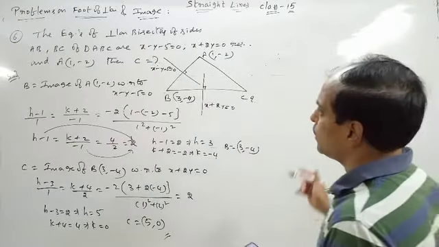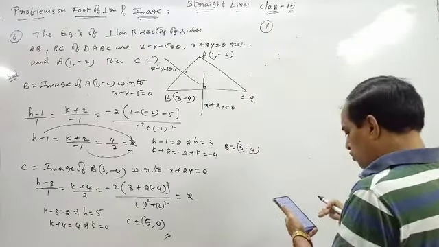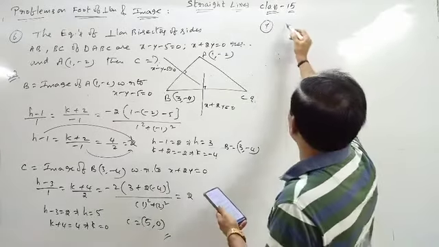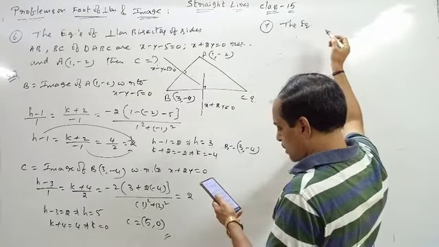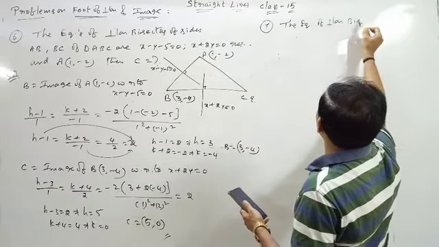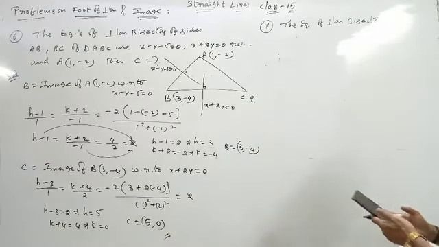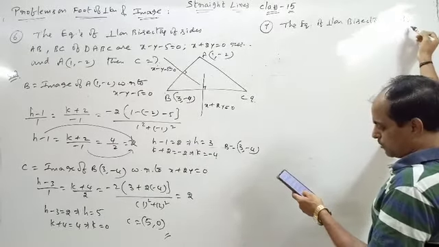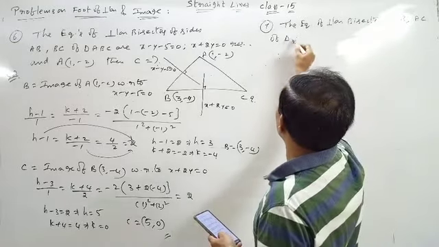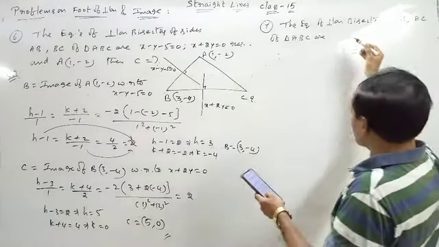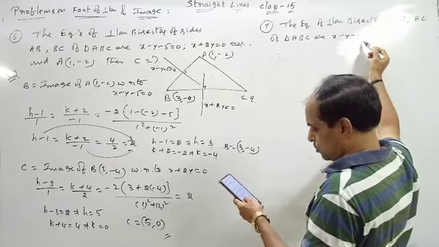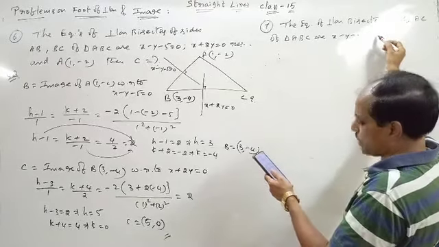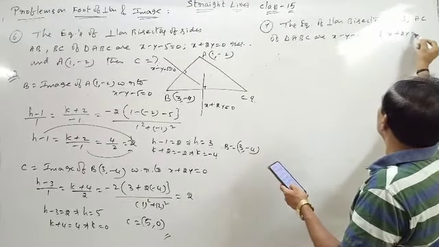Next question, 7th question. What is that? The equation of perpendicular bisector. We are giving you a number of problems on this good concept, so you have to work hard. The perpendicular bisectors of AB, AC of triangle ABC are x minus y minus 5 is equal to 0 and x plus 2y is equal to 0.